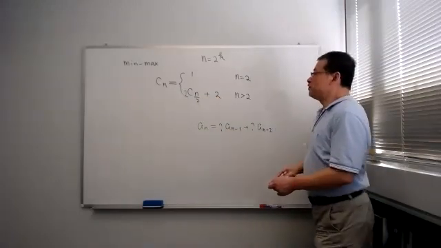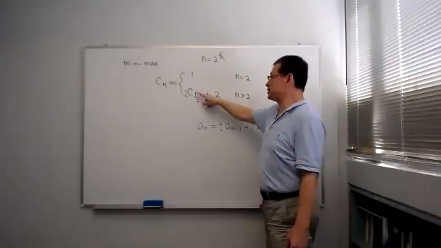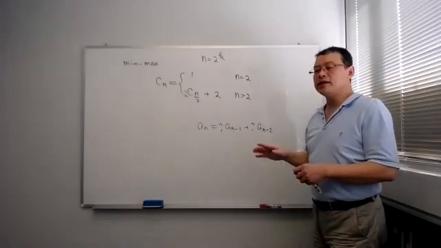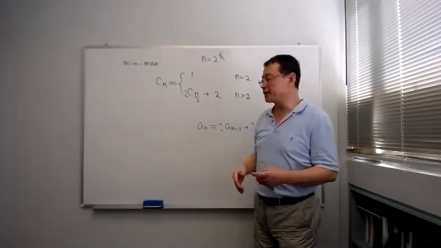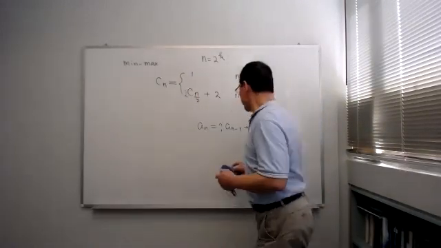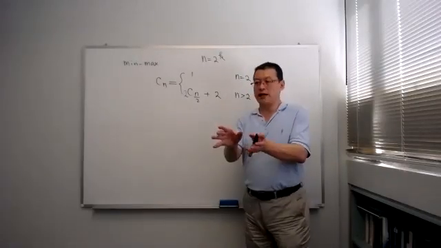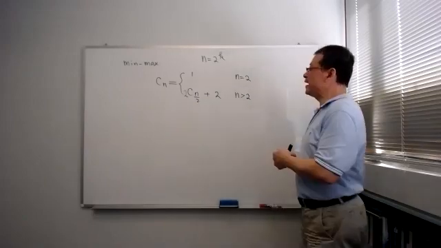So for simplicity, let's assume that n is a power of 2. So each time it will be even. Otherwise, it's a little bit more complicated, and later on, next week, we'll discuss it when we discuss asymptotic notation. But for the time being, let's assume n is a power of 2. That ensures each time both halves will still be a power of 2, so it's evenly divided.